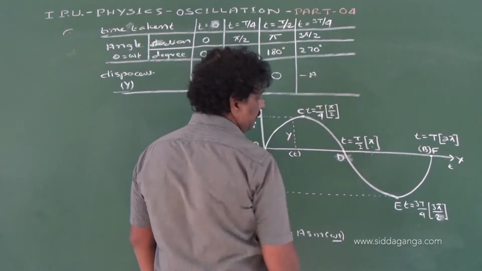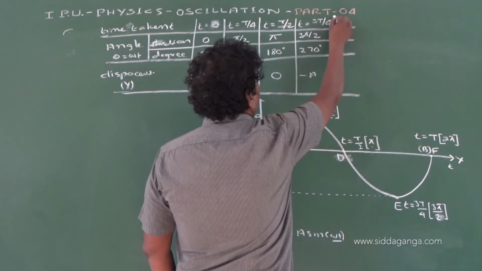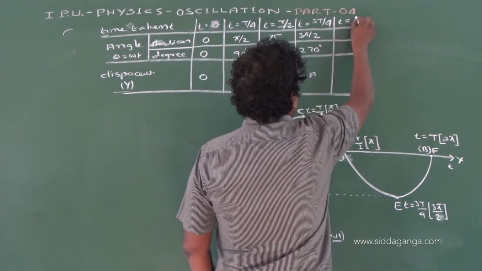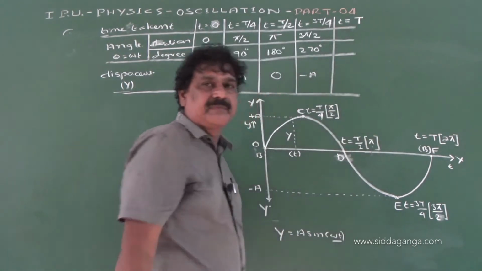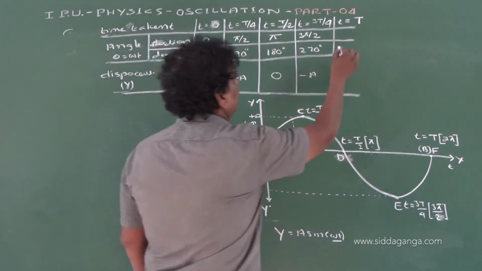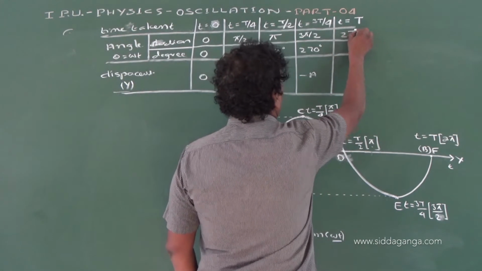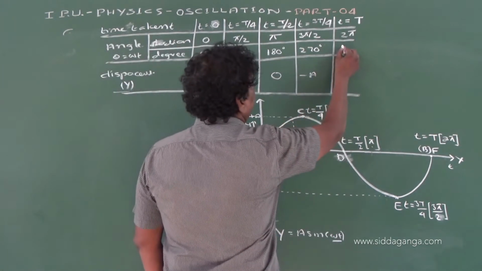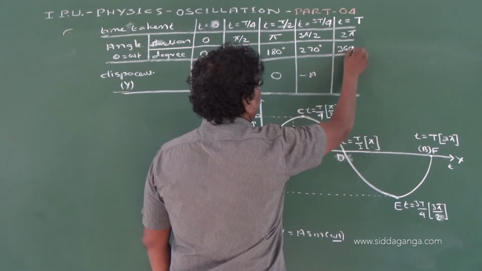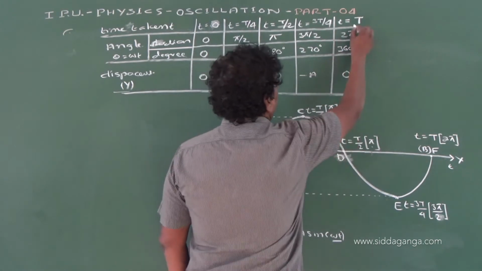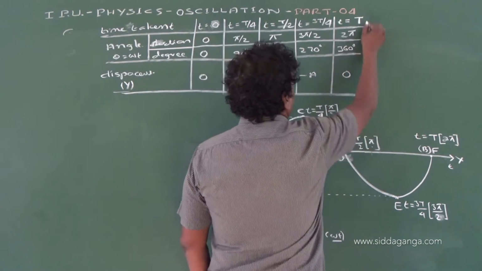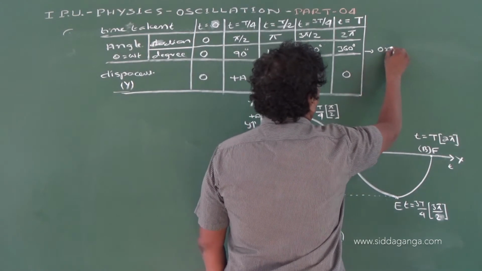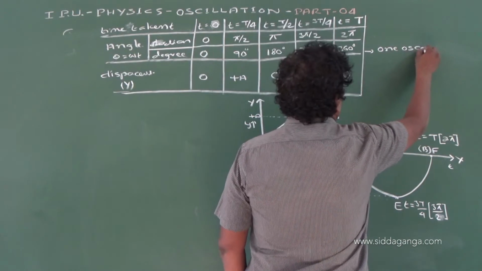Displacement is minus A. And when time t is equal to T, the angle covered is 2 pi, right? Now this is 360 degrees, and this is again 0. And this completes the changes for one oscillation or one vibration.